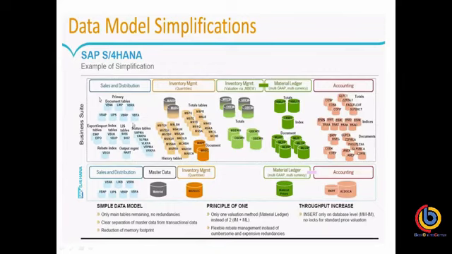These all are the tables. Then SAP has done the simplified modeling for each and every module, like here you can see for SD, for master data, for inventory management, and for accounting. So any questions here?